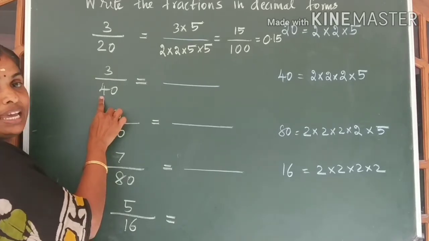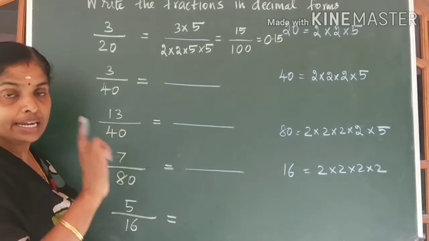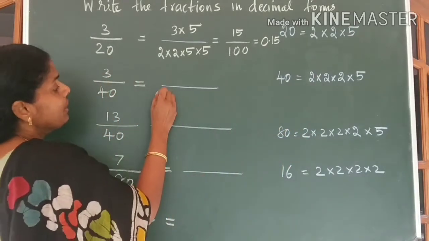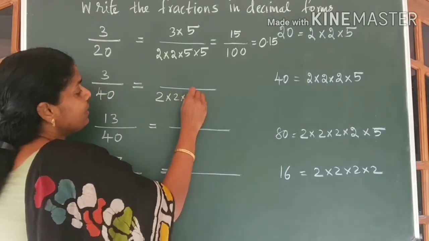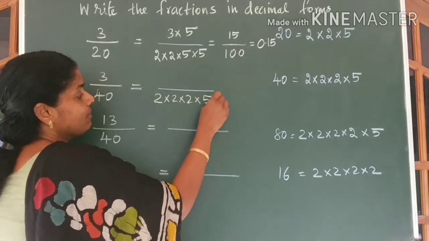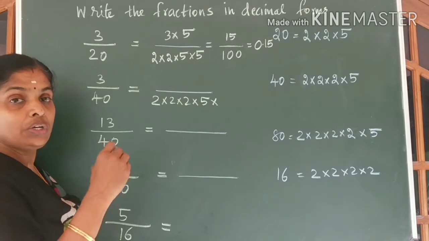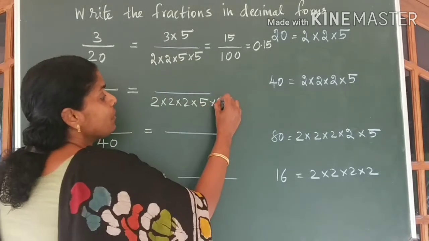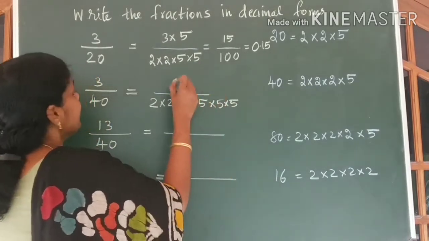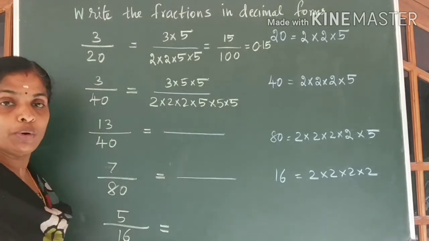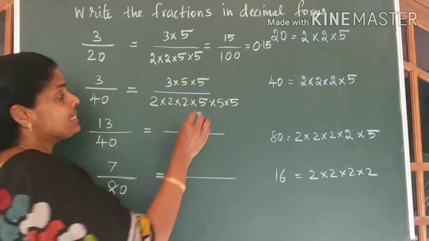Is the idea clear? Similarly, we do the next one. 40. 40 can be split as 3 2s and 1 5. So, you have 3 2s and 1 5. What you have to do? Multiply it with 2 more 5s. So, in the numerator also multiply with 2 more 5s. So, what is the answer here?